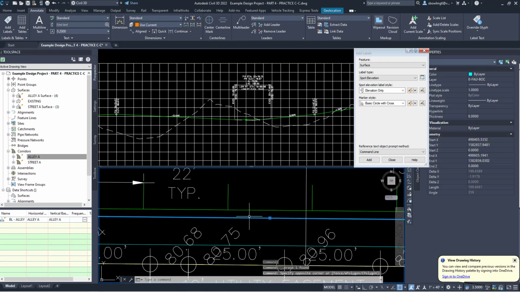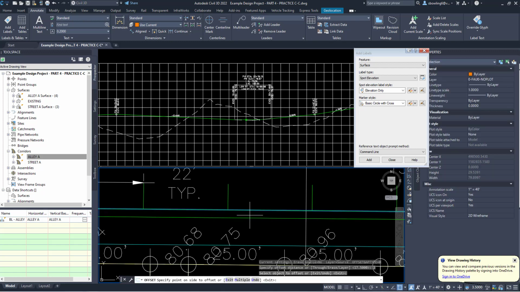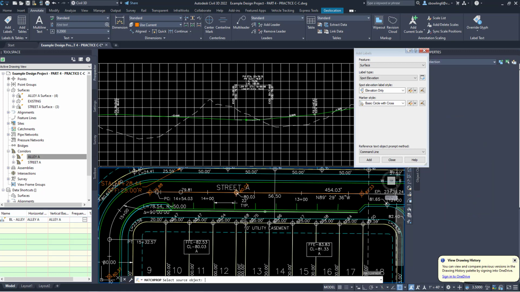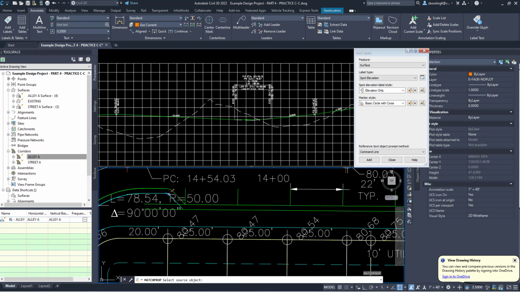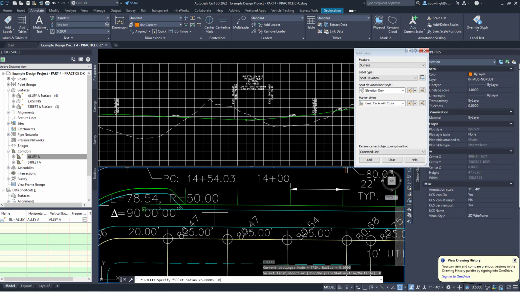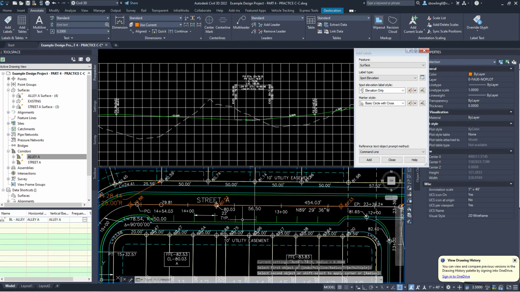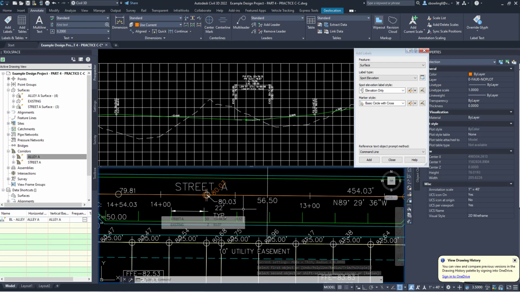And then that should be just to offset to, and I'm going to match that. All right. Okay, so 17.5 feet.